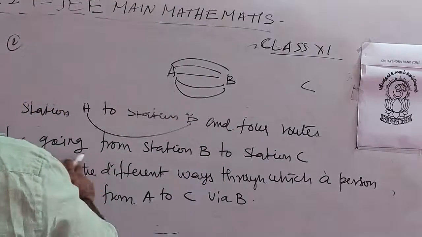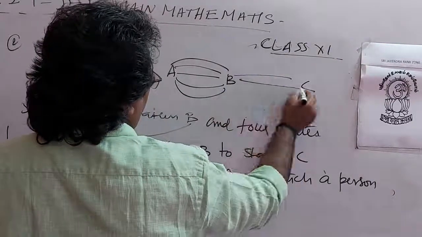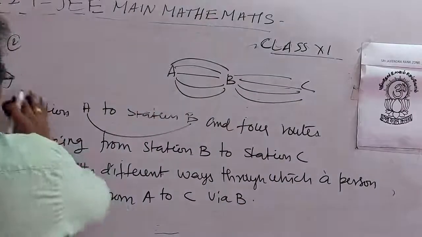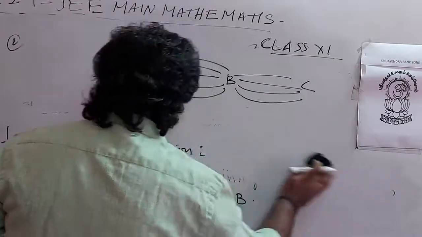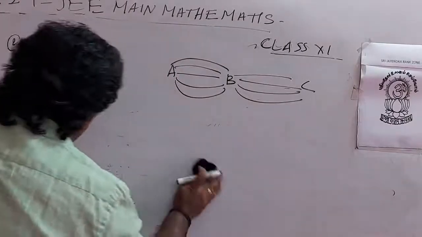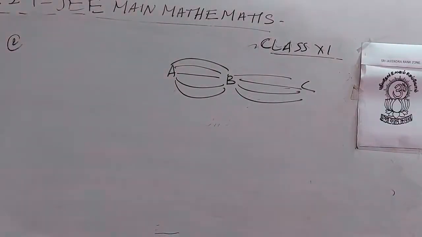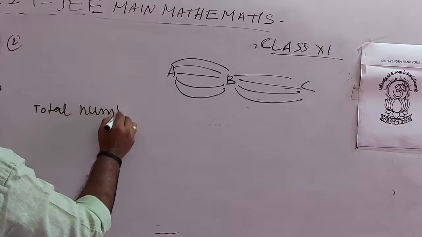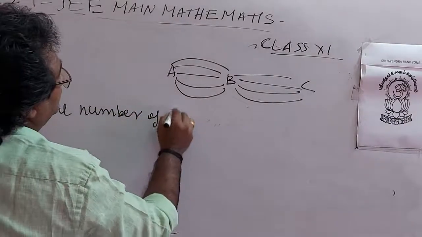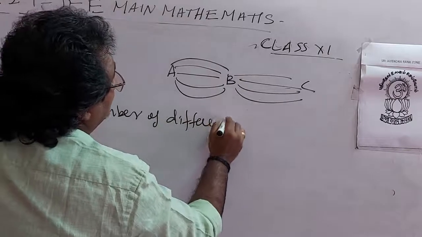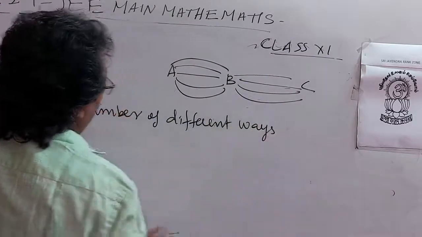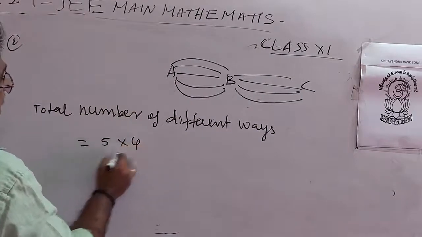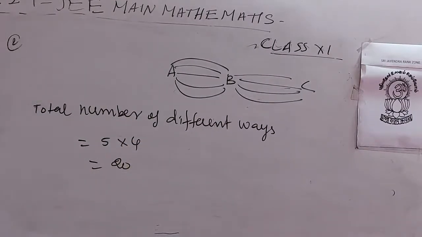From B to C, only 4 routes. First he has to reach B, then C. Total number of different ways: 5 into 4, 20.